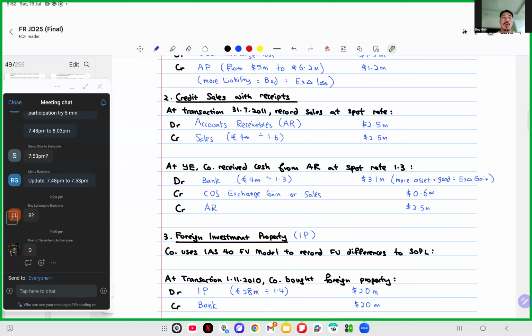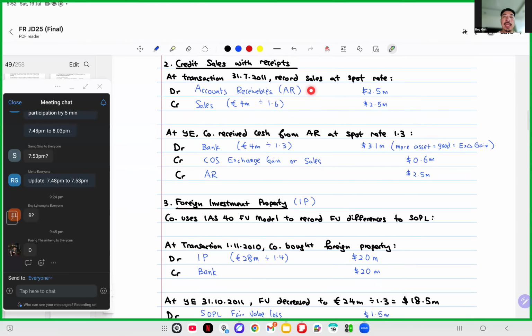Same thing. When you sell, debit accounts receivable, credit sales. It was not yet settled during the year, but at the year end it was settled. When it's settled, you receive money in the bank at the rate of 1.3.